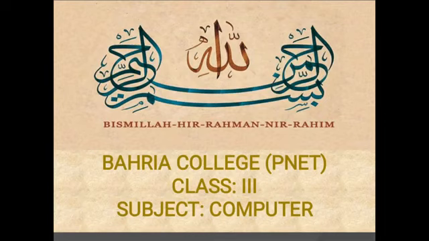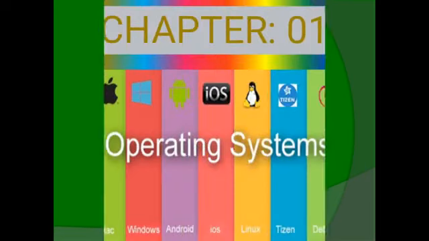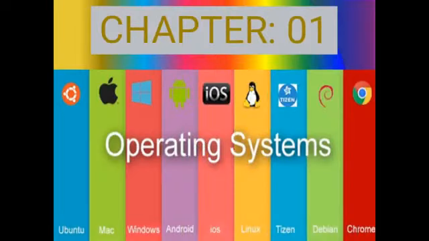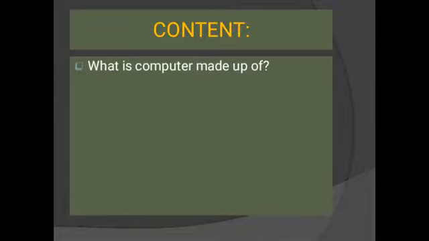I'm your computer teacher and today we are going to start our first chapter, that is operating system. And the content of our first chapter is: what is a computer made up of?